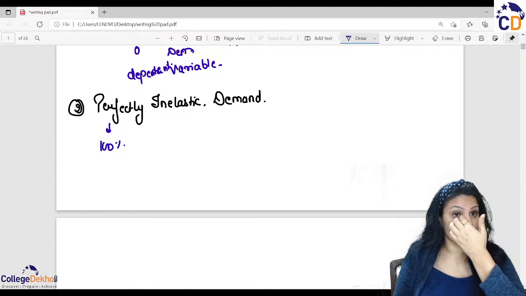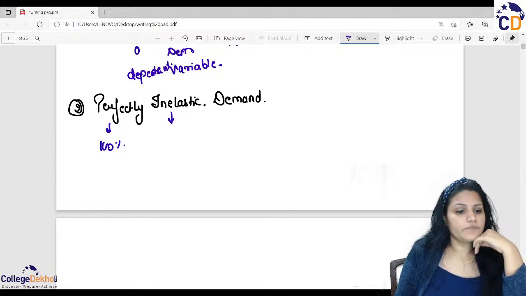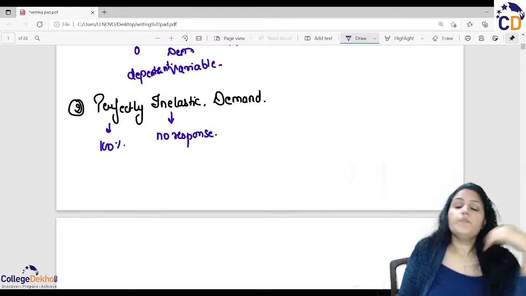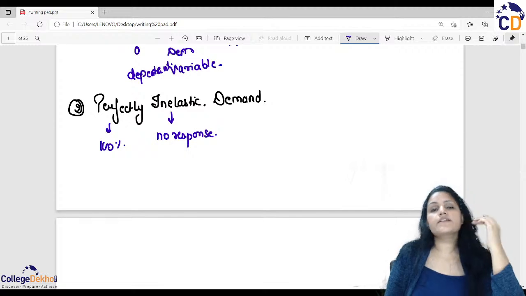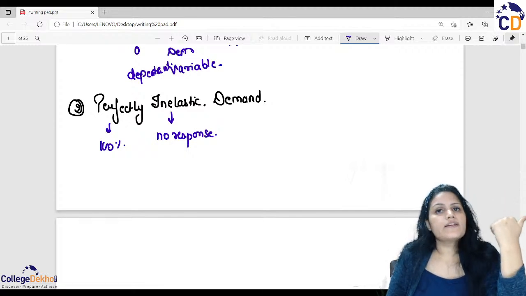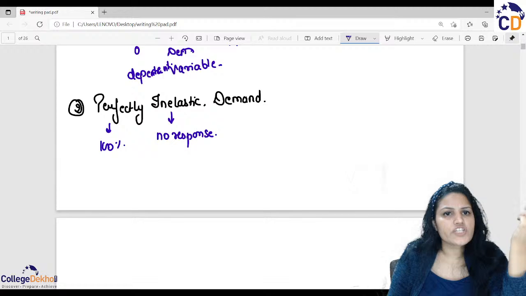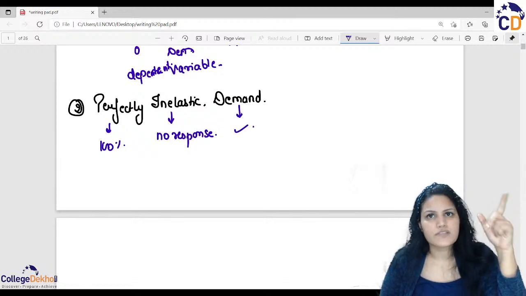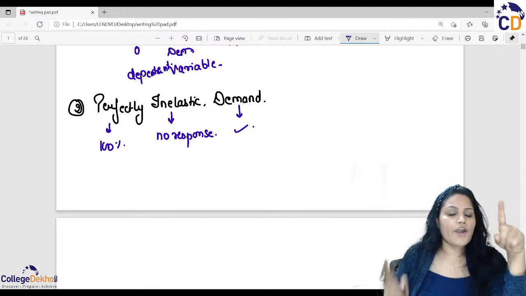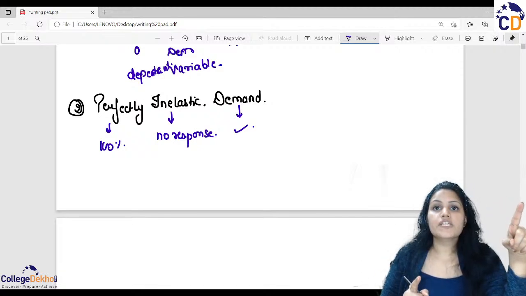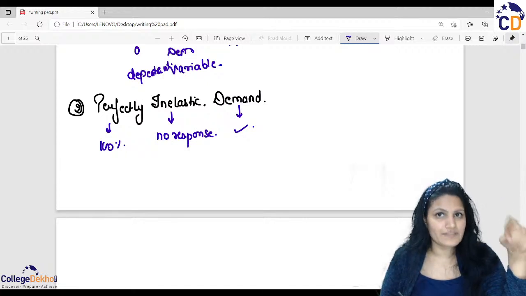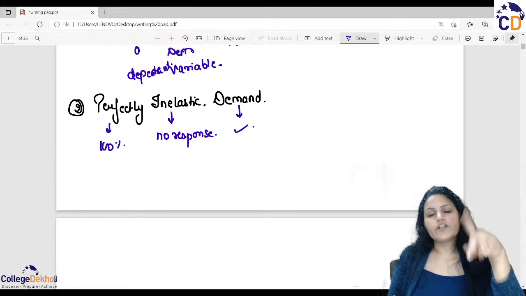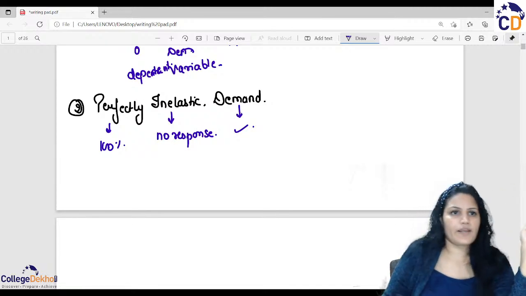Inelastic means no response, because elastic indicates a response, a change, and inelastic means no change in demand. Here we are comparing price versus demand. If there is 100% no change in demand, that is 0% change in demand, it automatically converts to a 100% change in the price.